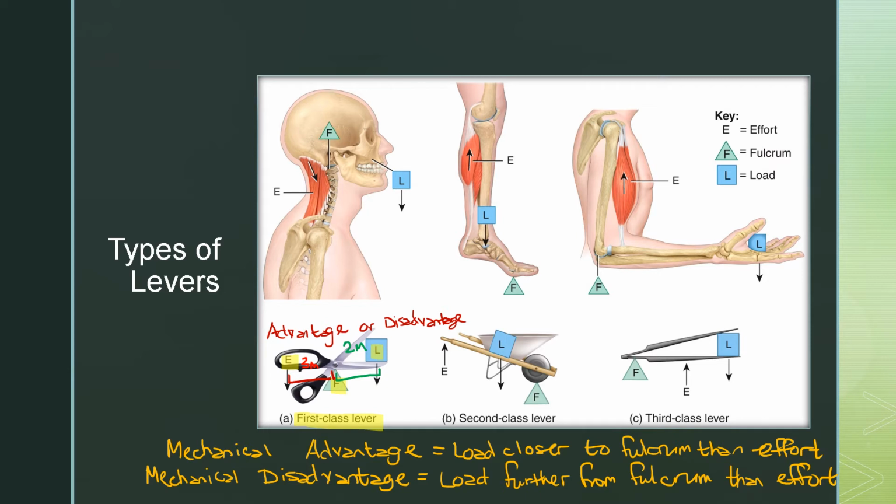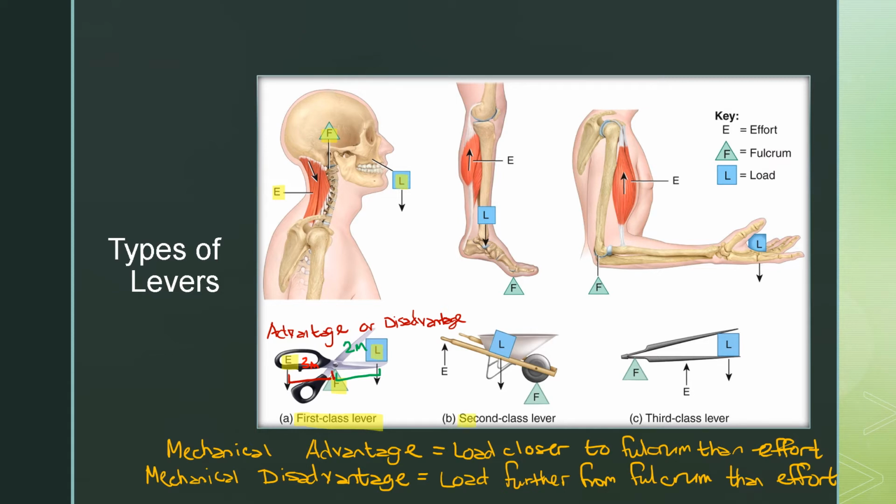The movement of the head here would be an example of a first-class lever, with the fulcrum being the vertebrae, the load being the weight of the head, and the effort being the contraction of, it looks like, the splenius capitis muscle back here.